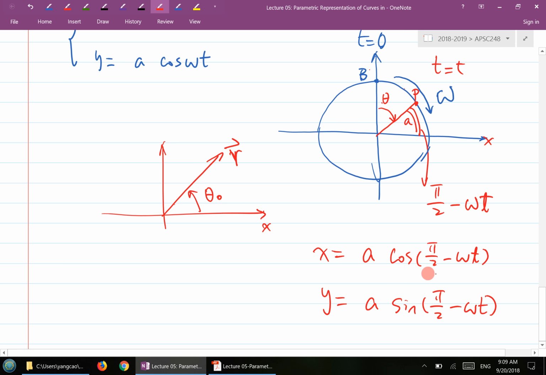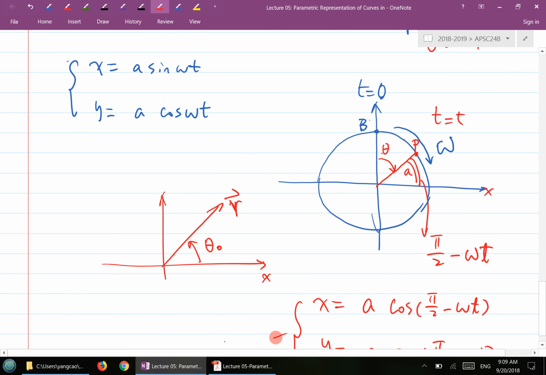And if you simplify this using the trigonometry property, you get back to this. Is that good? So this is a very important point. You're not just learning the math; you're actually learning what's behind the math.